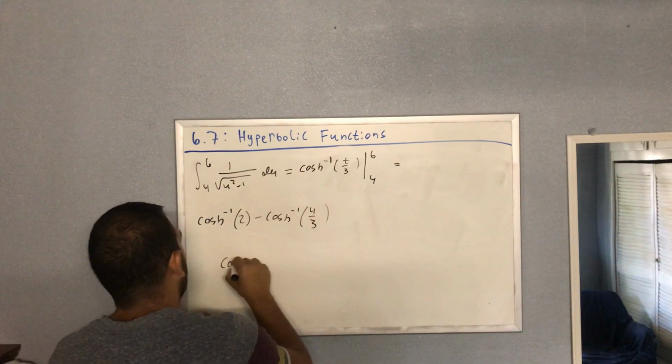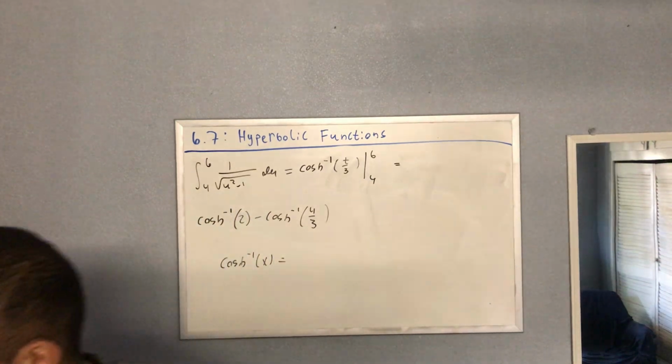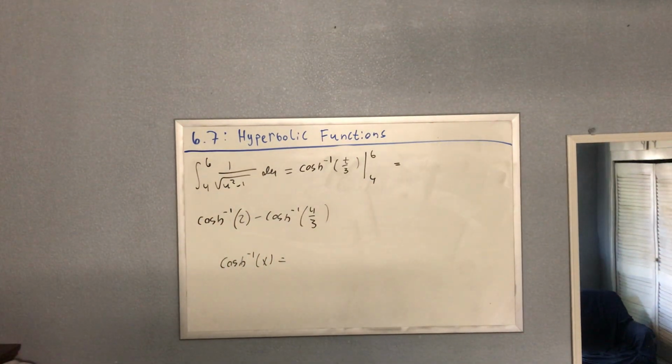And then we have that explicit formula for what the inverse hyperbolic cosine should be. It's this guy.